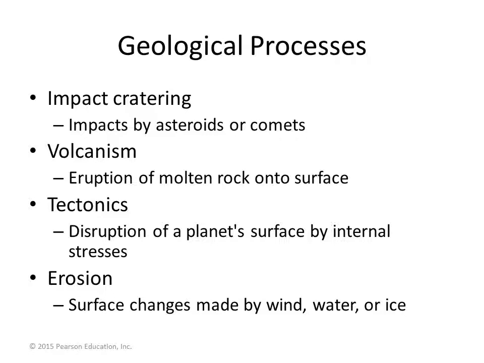There's volcanism, which is obviously the eruption of molten rock onto the surface. There's tectonics, which is the disruption of a planet's surface by internal stresses, and we'll talk about the different types here in a minute. And then there's erosion. The surface changes by wind, water, ice, things that tear the surface down, wear it down.